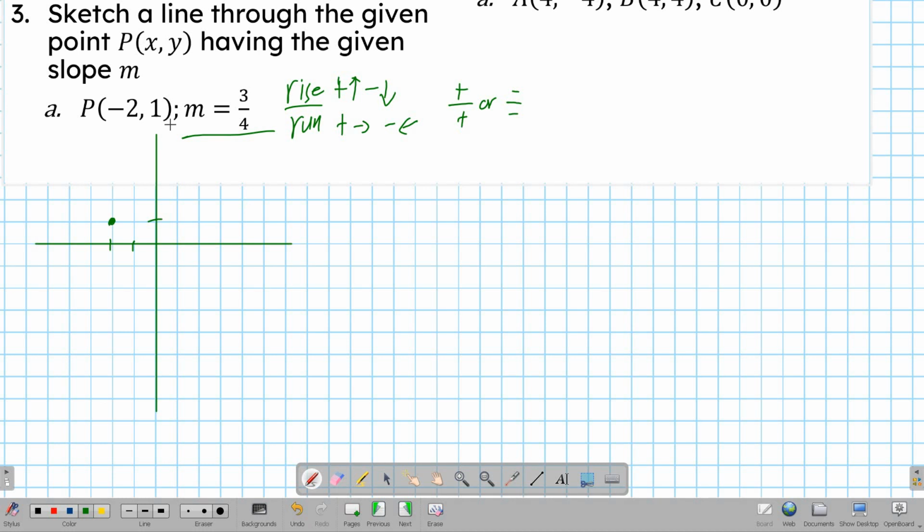We rise up 3 times: 1, 2, 3. And then run positive 4 times: 1, 2, 3, 4.